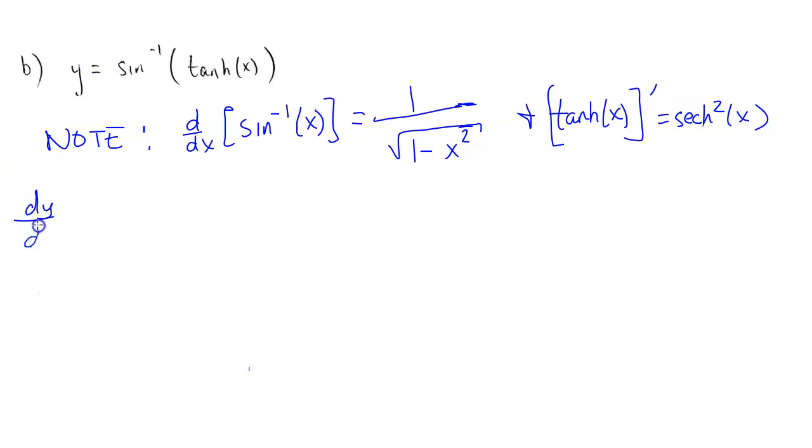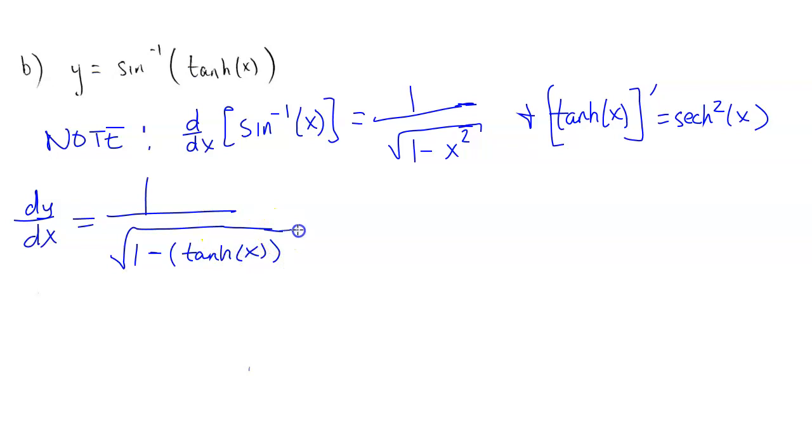So therefore, the derivative of our function y with respect to x, since this is a composition function, we're going to take the derivative of sine inverse of blah first. So that would just be 1 divided by square root of 1 minus, and in place of blah, we're going to put tangent hyperbolic x, and that's going to be squared.